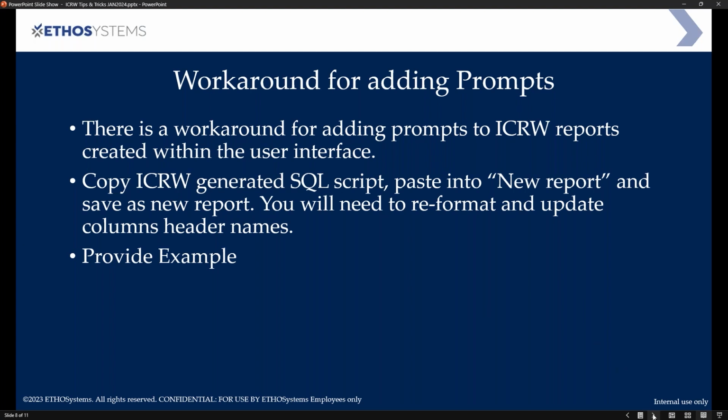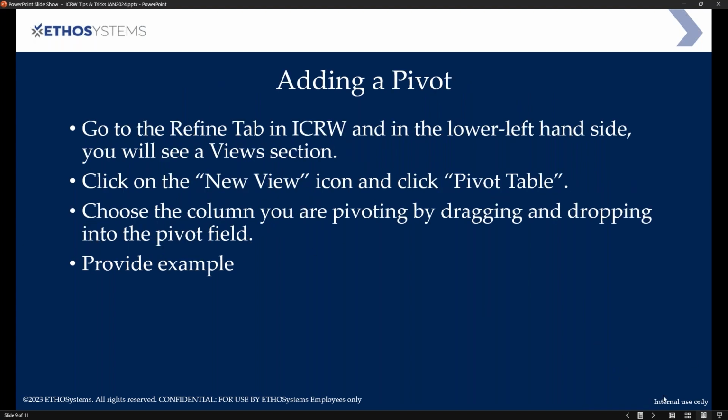Okay, well, I'm going to move on. So adding a pivot, I just wanted to show for those of you that ever wondered how can you add a pivot in ICRW. Once you've got your column headers and your fields all chosen, you can go to the Refine tab in ICRW, and in the lower left-hand side, you'll see a Views section, okay?